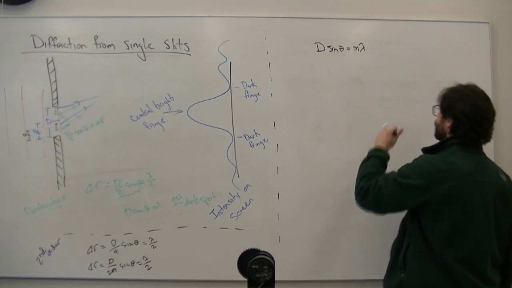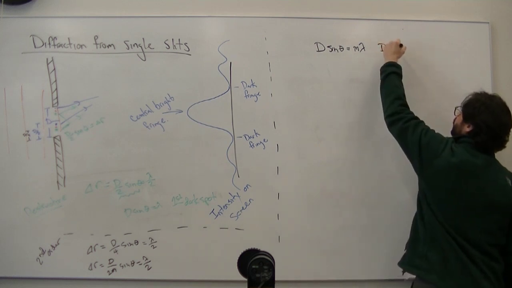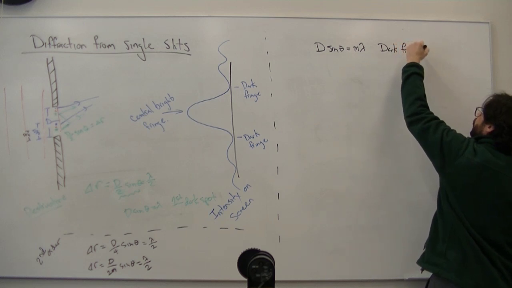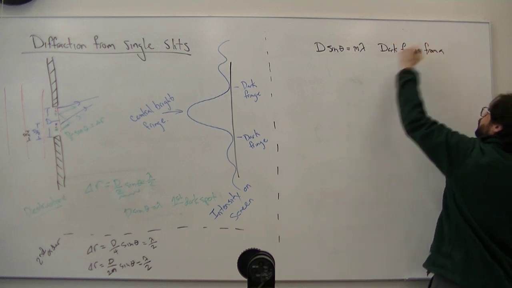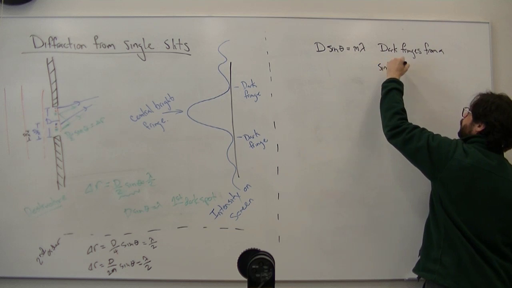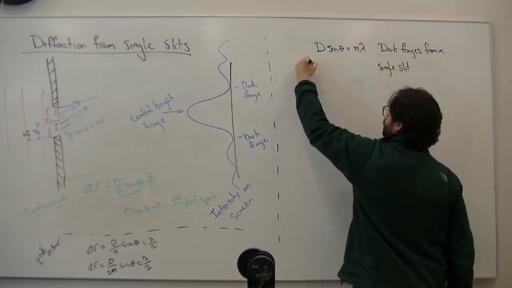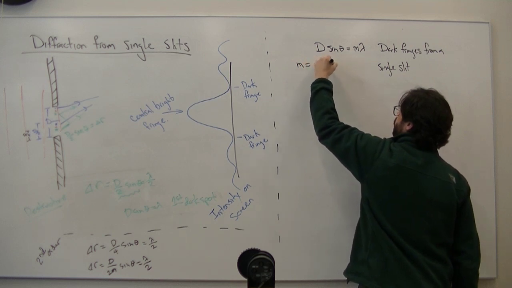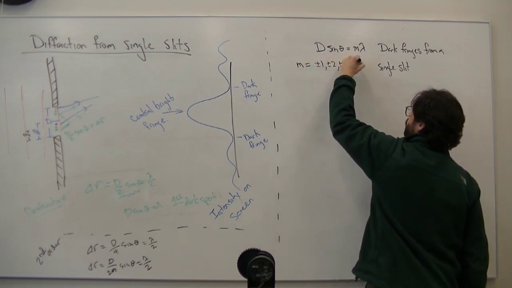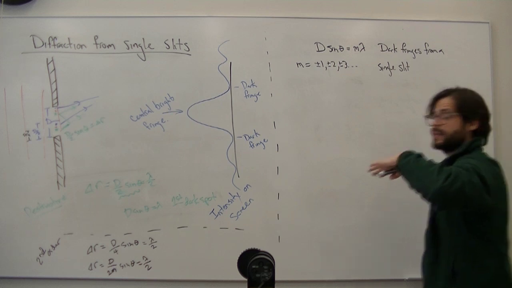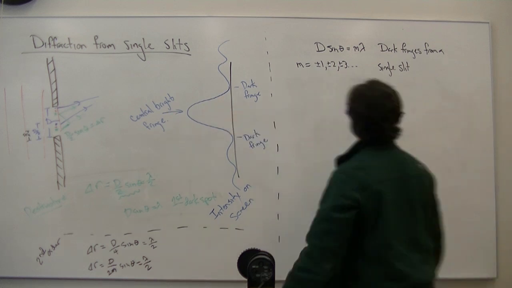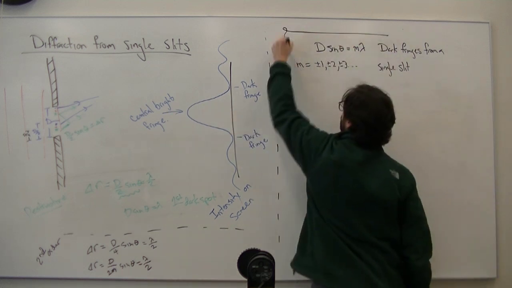These are the dark fringes. And it's still true that m is positive or negative integers. The other difference in this case is that we don't have 0. So the central bright fringe is, as the name suggests, bright.